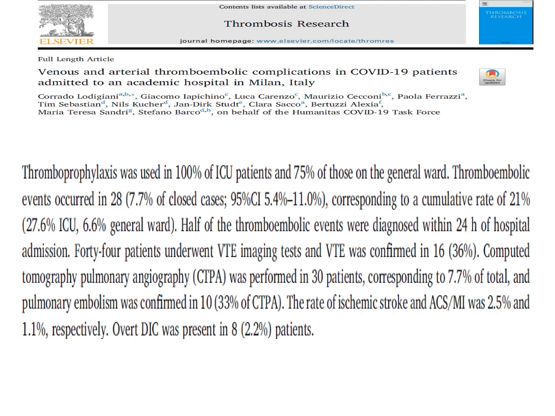This is a cohort study, an observational study from Italy, which shows a cumulative incidence of 21% of thromboembolism in COVID-19 patients. The incidence of ischemic stroke and acute coronary syndrome, which are more arterial in nature, was just 2.5% and 1.1%.